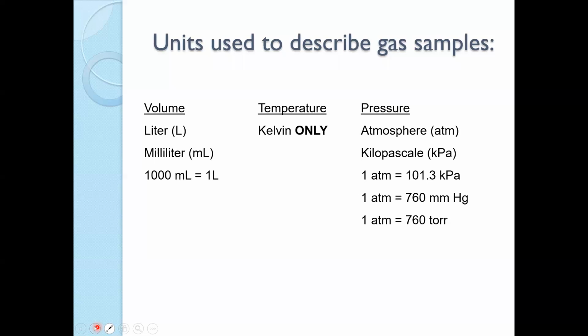For the pressure, atmosphere or kilopascal. And 1 atmosphere equals 101.3 kilopascal, or 1 atmosphere equals 760 millimeters of mercury, and 1 atmosphere equals 760 torr.